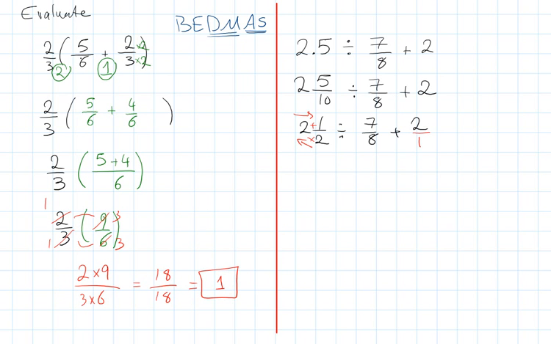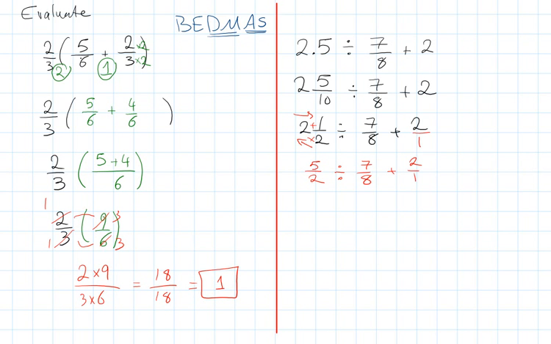Any number, 7 would be 7 over 1, 5 would be 5 over 1. That's the easiest way you can do it. So the 2 and 1/2: 2 by 2 is 4, plus 1 is 5, so this becomes 5 over 2 divided by 7 over 8 plus 2 over 1. Now we have fractions.